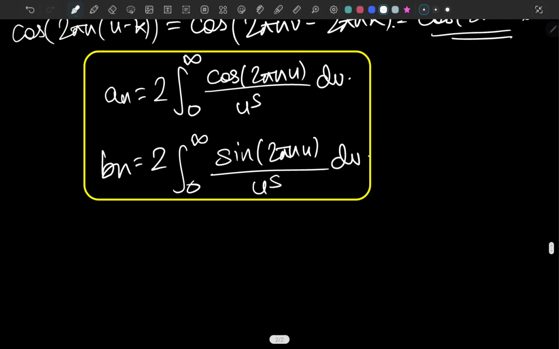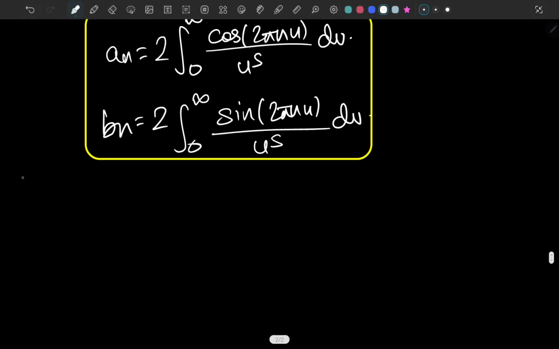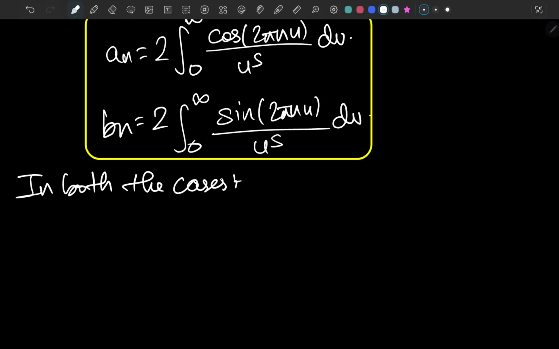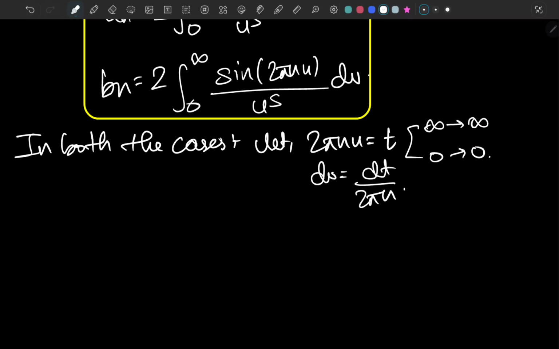So basically, in both the cases, we can consider, let 2 pi n u equal t, right? So if we talk about the bounds, infinity is going to be infinity and 0 is going to be 0. And du is going to be dt over 2 pi n, right?